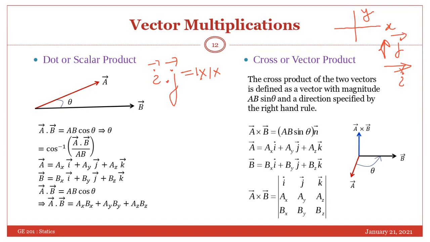So this is your I, this is your J, and the angle between them is 90 degrees. So 1 into 1 cosine 90. Cosine 90, as you know, is 0. So the final answer will be 0.